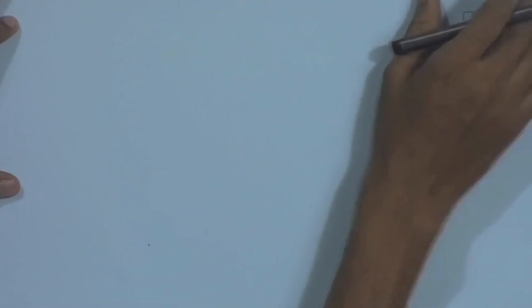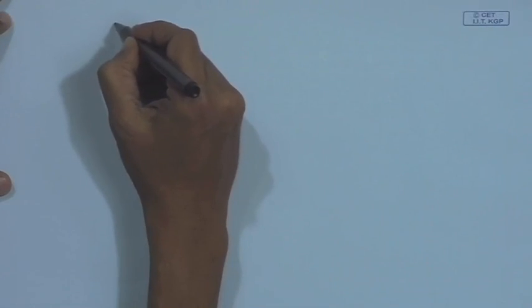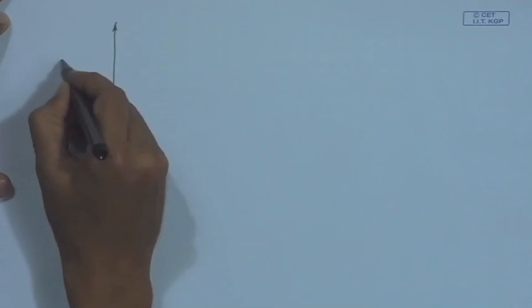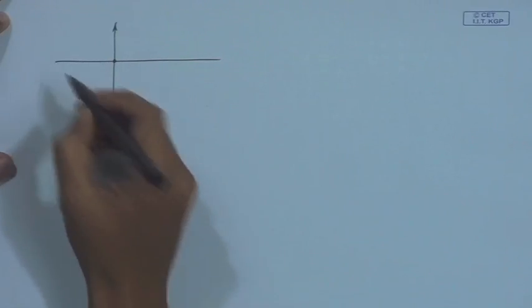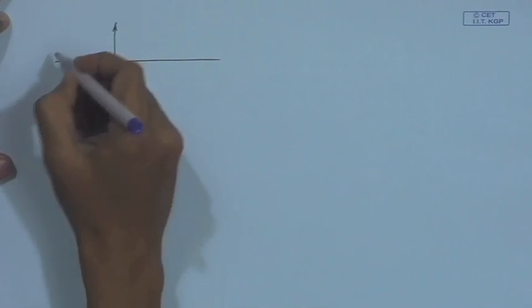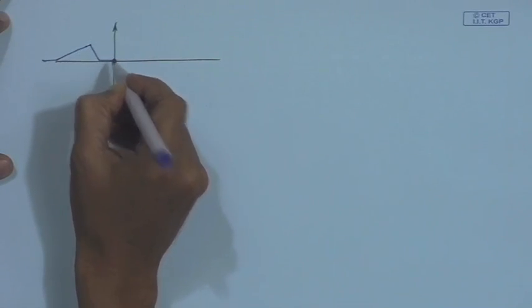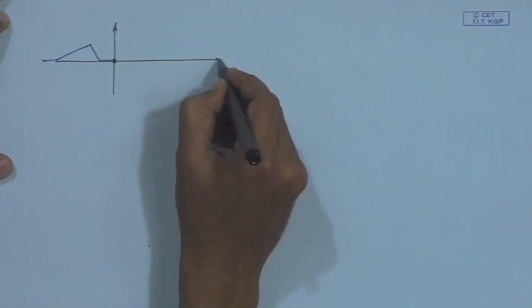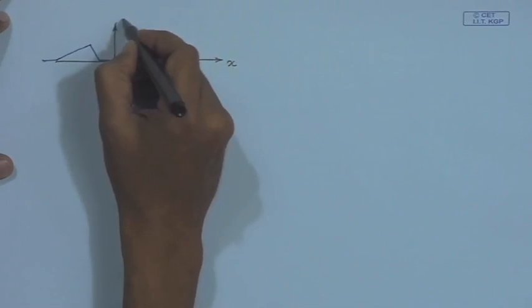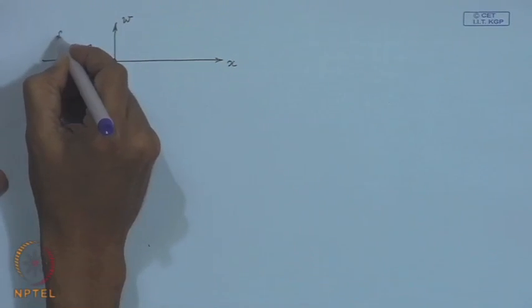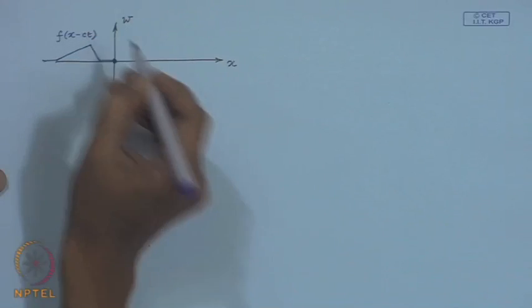So, let us see this. Consider that there is this incident wave at this boundary, so this is f of x minus c t.